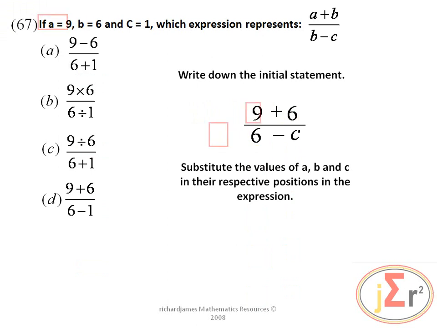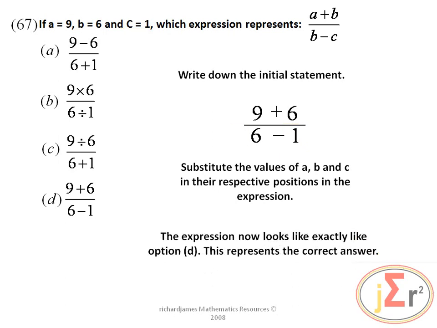And finally, C is equal to 1. The expression now looks exactly like option D. That is the one that we have right here. So the correct answer is option D.